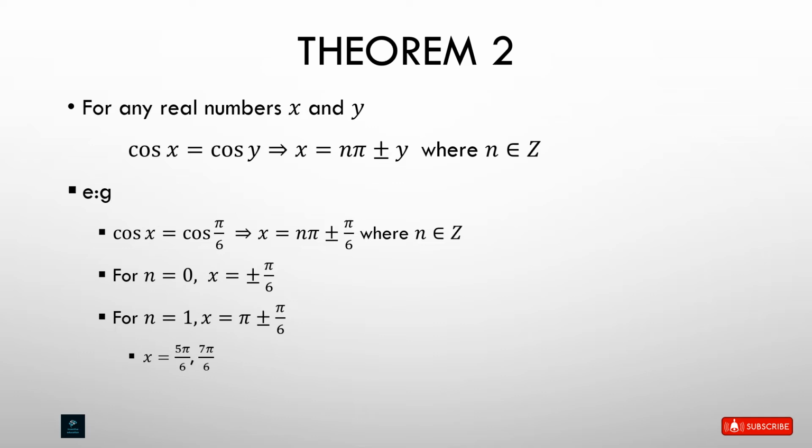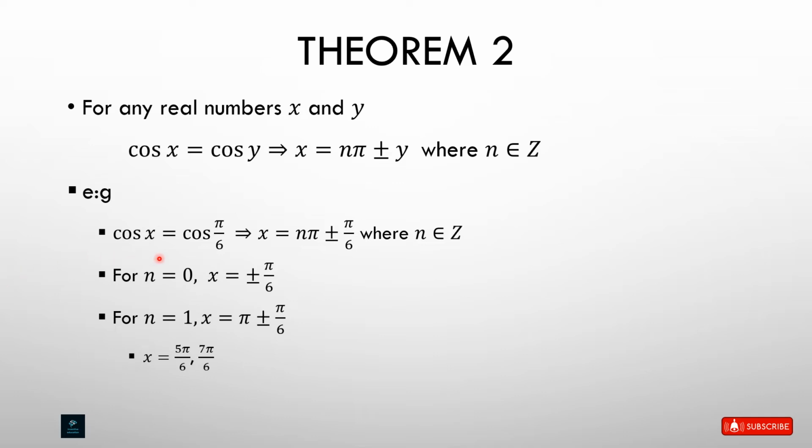The second theorem for solving the trigonometric equation is: for any real numbers x and y, cos x equal to cos y implies that x is equal to n pi plus minus y, where n is any integer. Again, we will take an example.